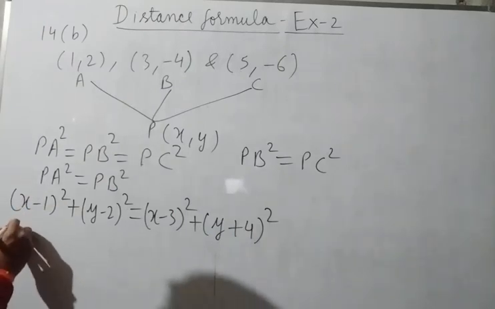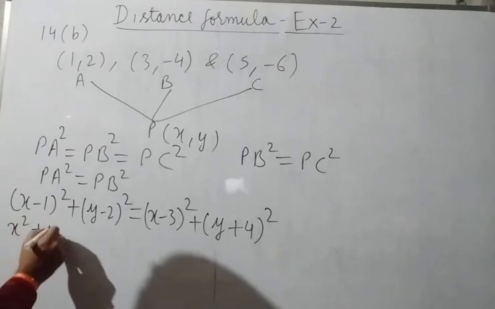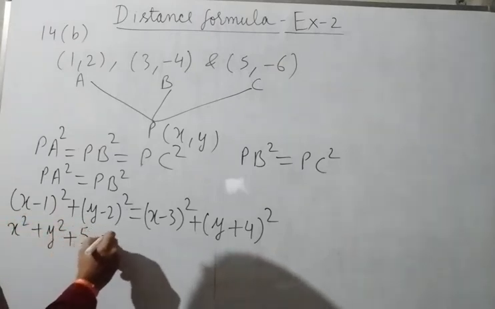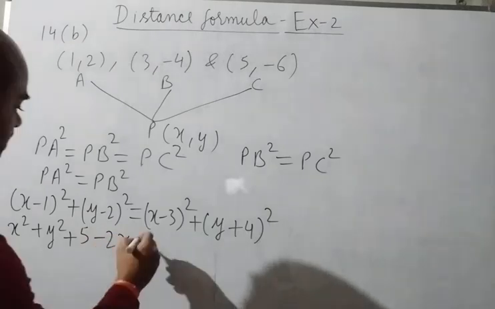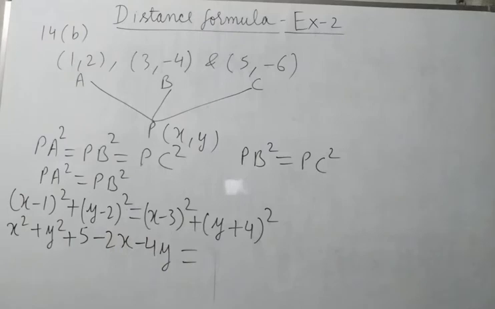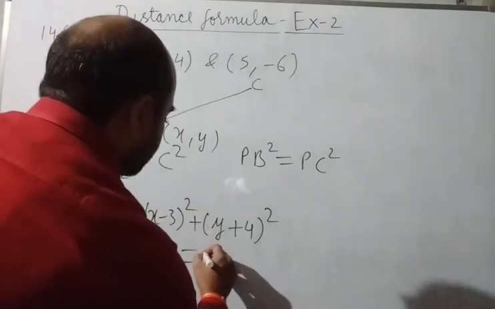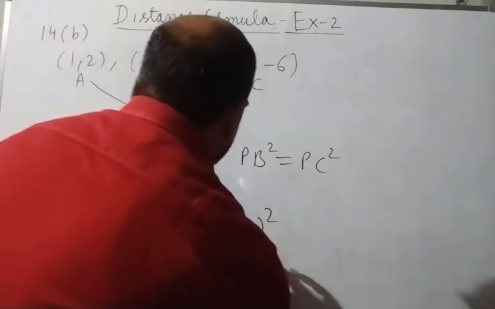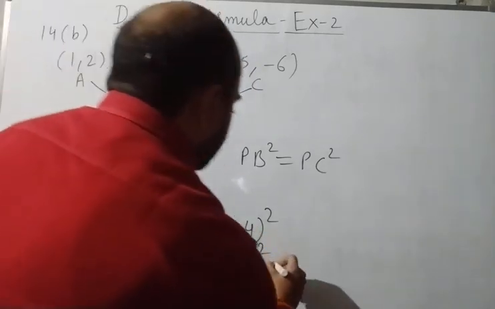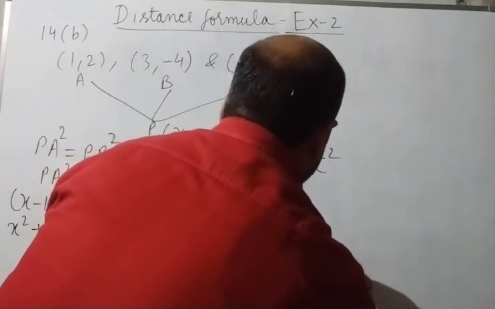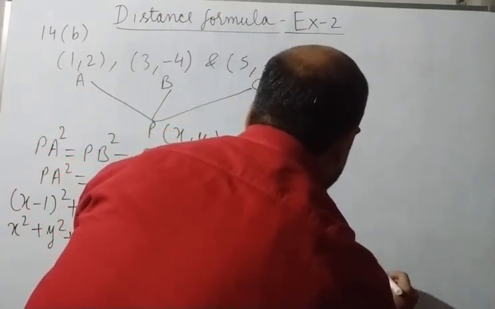This will become x square plus y square plus 1 plus 4, that is 5, minus 2x minus 4y. This comes from PA square. Next this will give x square plus y square plus 9 plus 16, that is 25, minus 6x plus 8y.